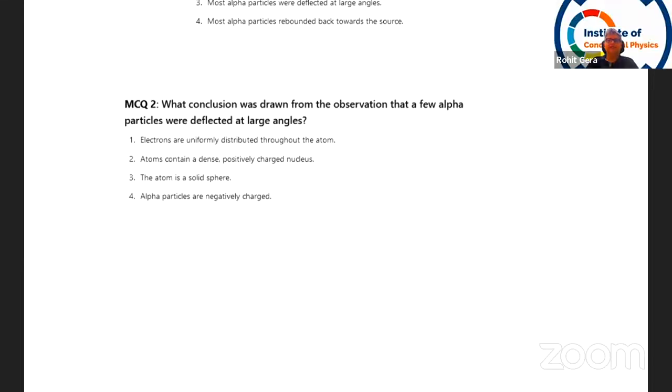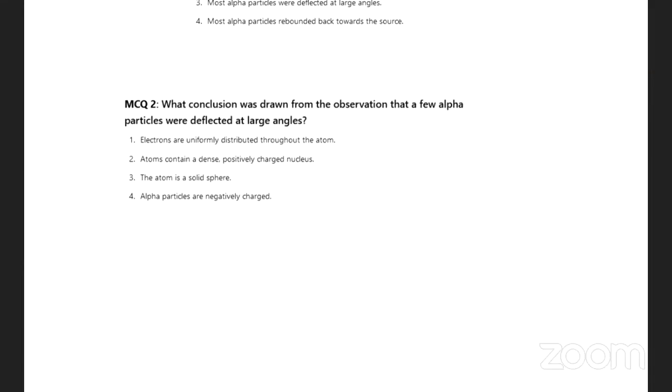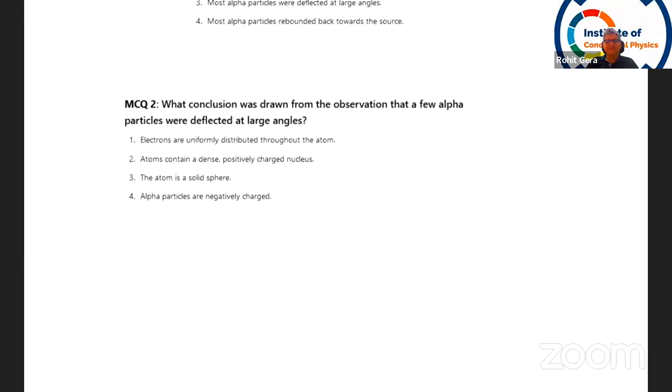Large angle, something like a U-turn. Second, yes. All other statements are rubbish, I think.